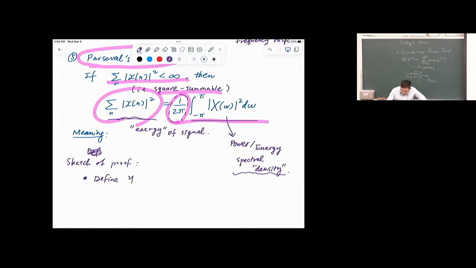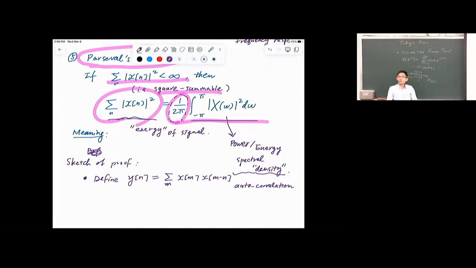autocorrelation function that's denoted by y[n]. y[n] is equal to the summation of x[m] times x[m+n], with summation index m. This is an autocorrelation function. If you pay attention to this definition, what did you notice?